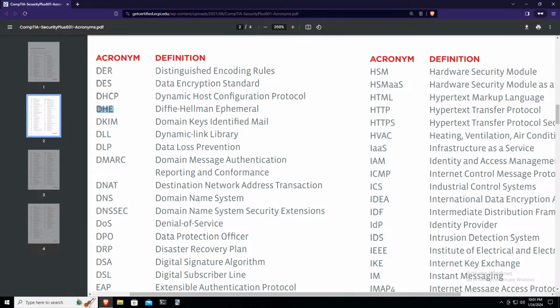Okay, let's move on. DHE, Diffie-Hellman ephemeral. So this is an encryption tactic, or sorry, not an encryption tactic, rather a key exchange, right?